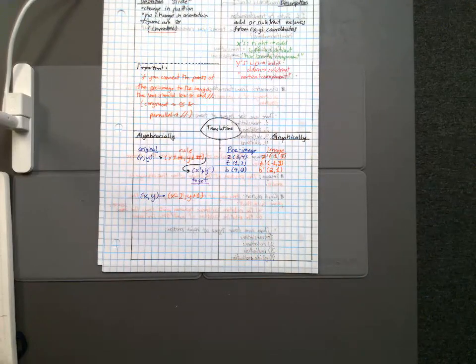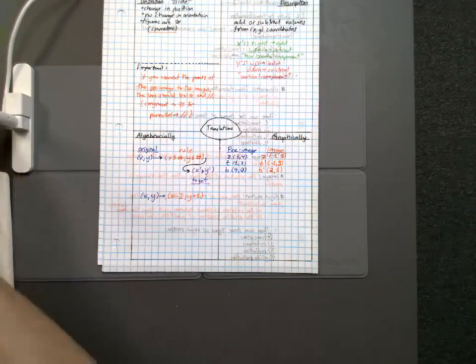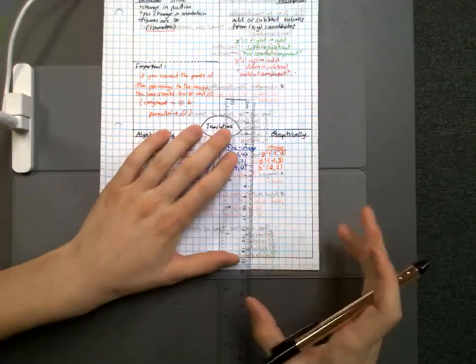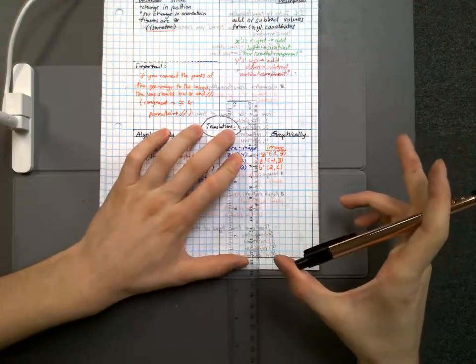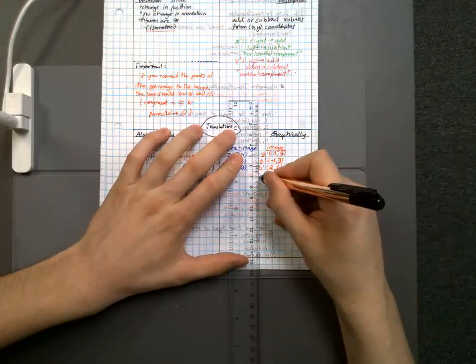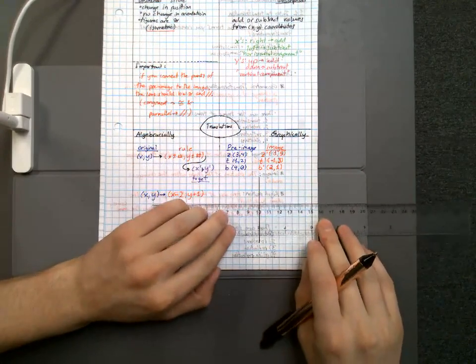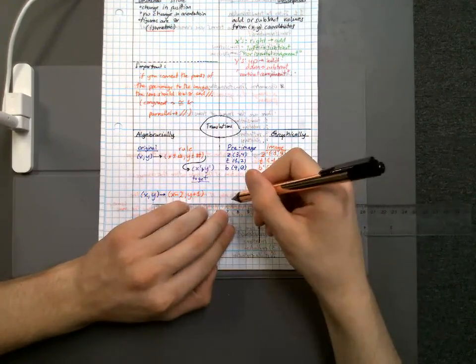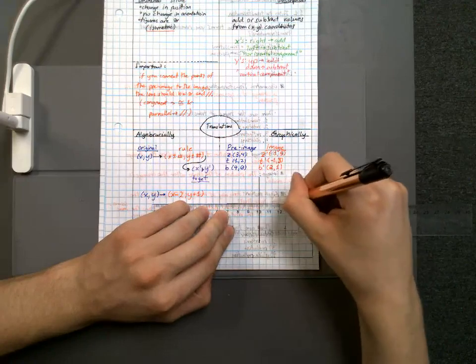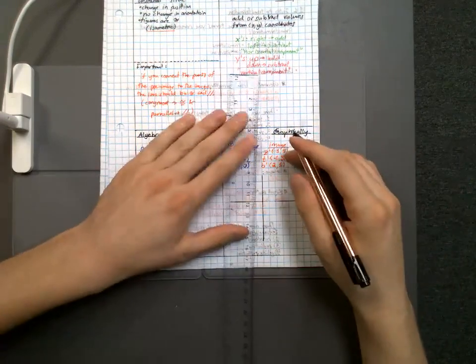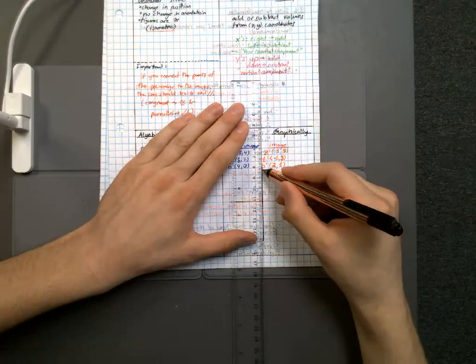So if we graph that, okay, there we go. And I'm going to shortchange myself here if I don't draw all the way up there.